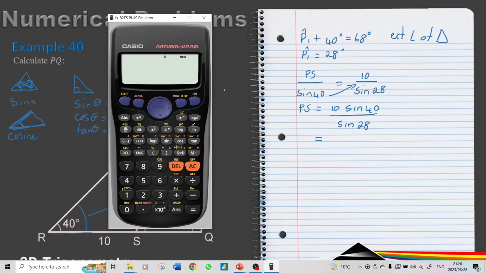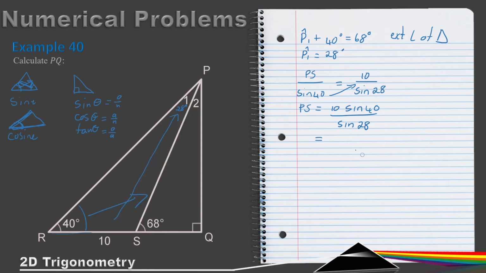We put that on the calculator: 10 sine 40 over sine 28. That gives us 13,69. Now that we have that, we want the opposite side, and we have the hypotenuse.